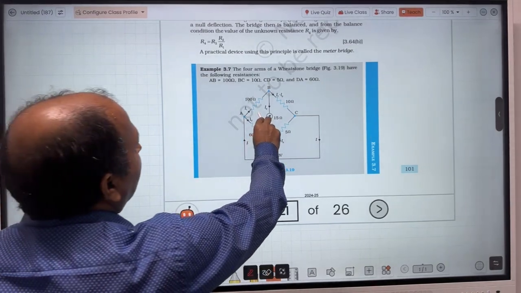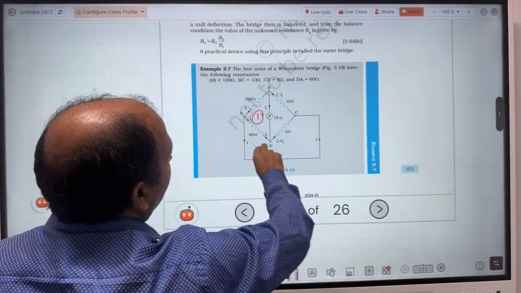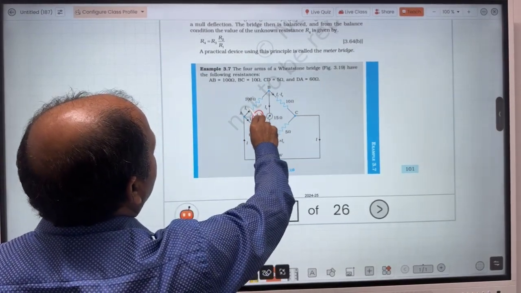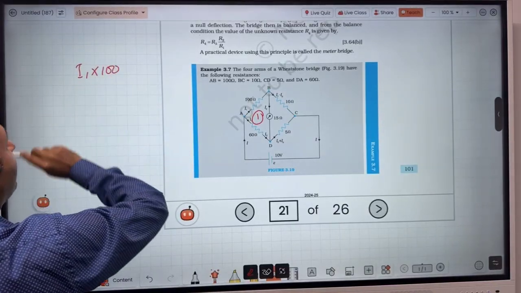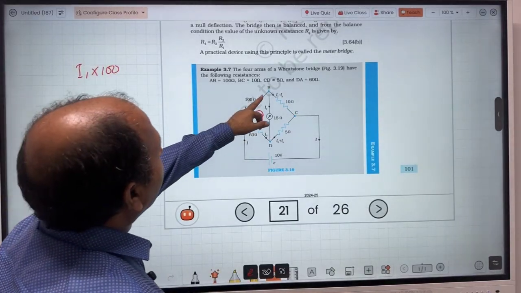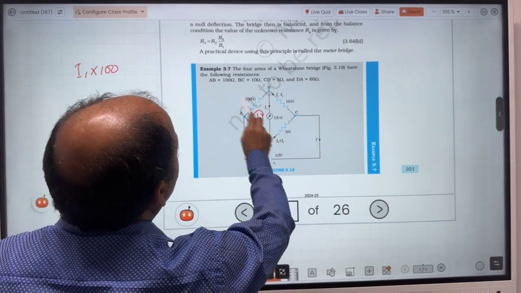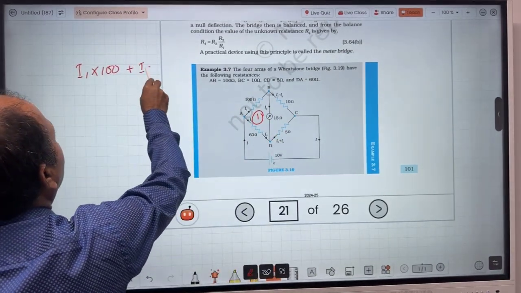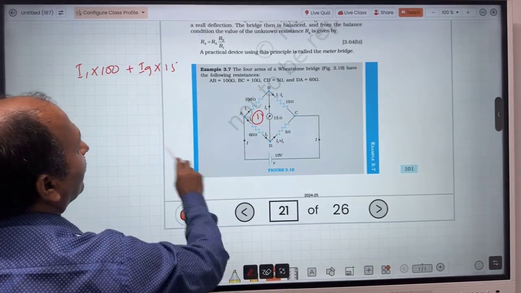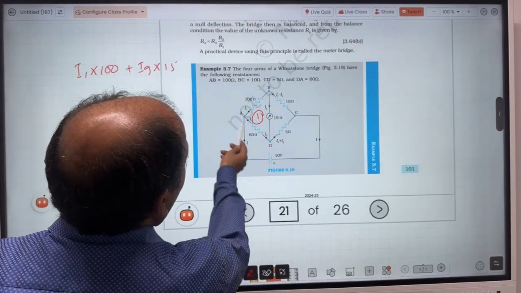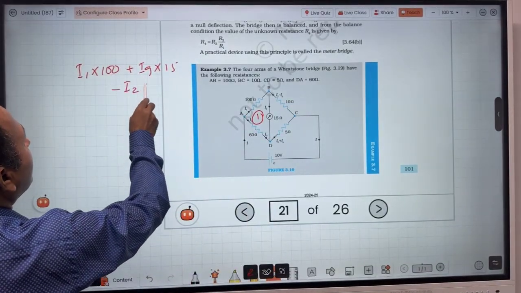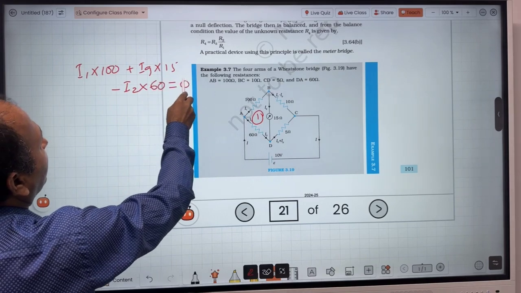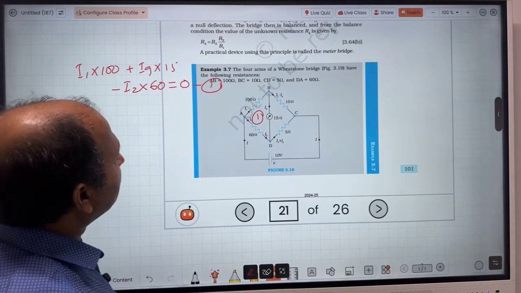If you consider this loop number 1 and you move like this, what happens? I1 into 100, then Ig into 15, then you are going against, I2 into 60, minus I2 into 60 equal to 0. This will be the first equation.